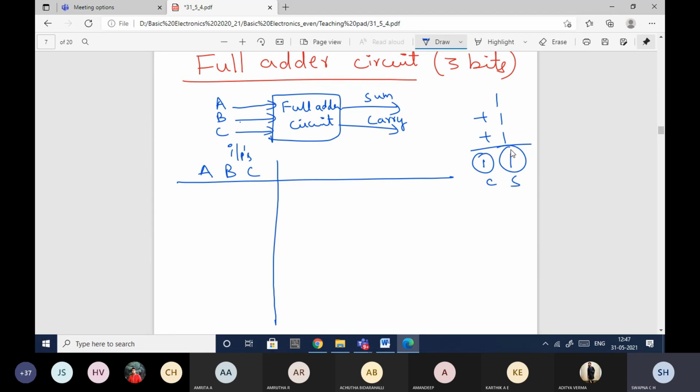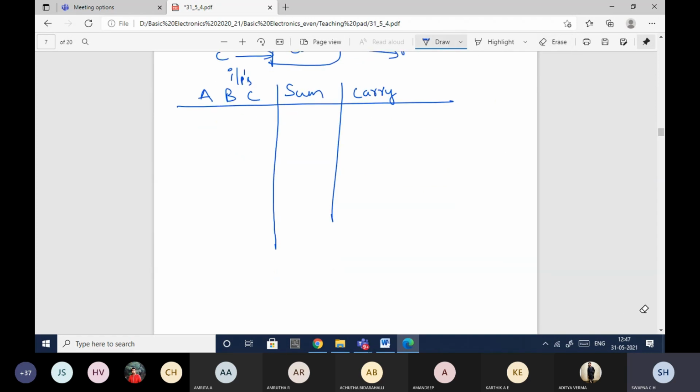Even if you are adding 3 bits, or even 4 bits, there will be only 2 outputs, sum and carry. So here again, for the full adder, you need to write the different combinations: 0, 0, 0; 0, 0, 1; 0, 1, 0; 0, 1, 1; 1, 0, 0; 1, 0, 1; 1, 1, 0.